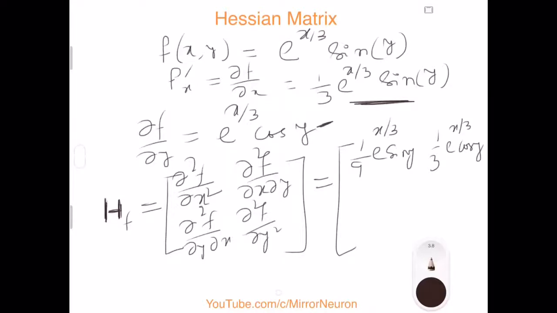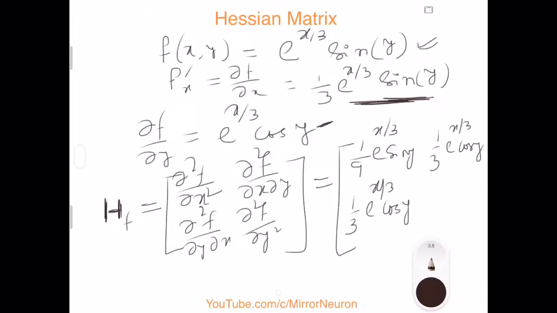The bottom function, again we are doing the derivative of f. First we did the derivative with respect to x, now we take the derivative with respect to y. So I am taking the derivative of this one with respect to y, and it will be 1 over 3 e to the power x over 3 cos of y.